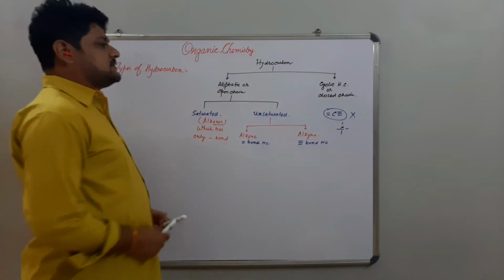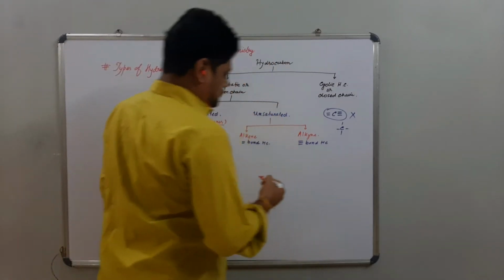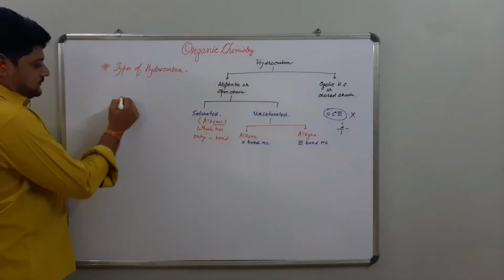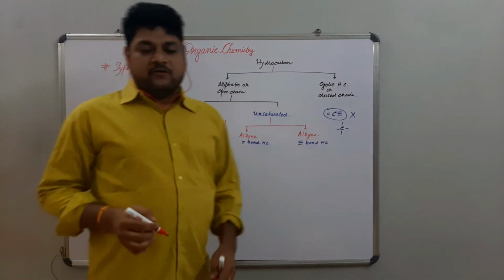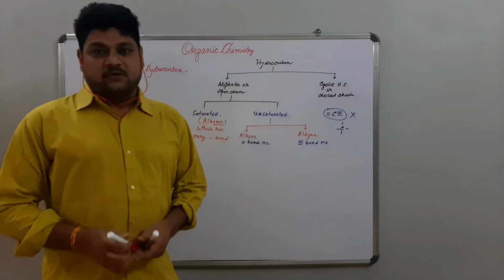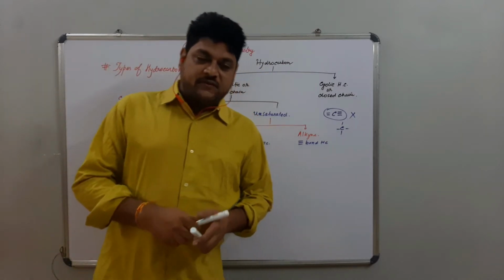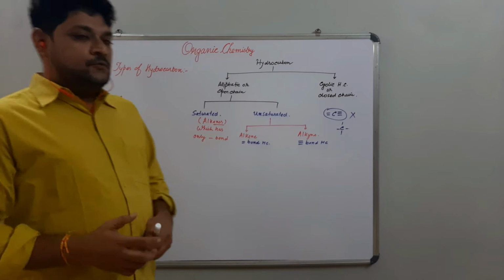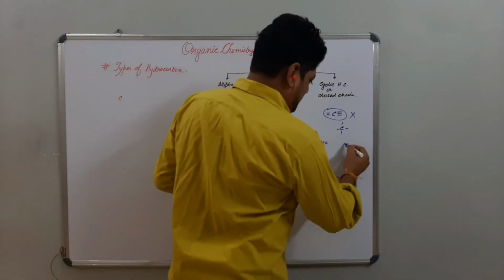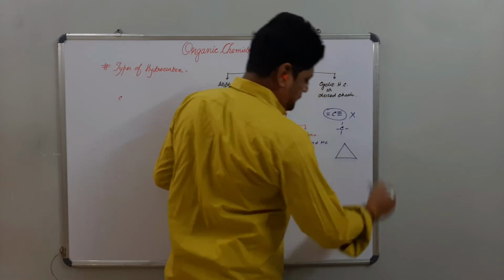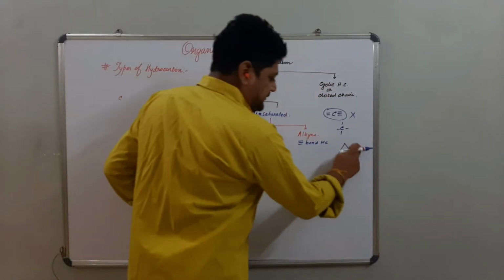Now what is the cyclic or closed chain? If we consider closed chain hydrocarbon, one thing you have to remember is that for a closed chain hydrocarbon we must need at least 3 carbons, because we know that if you want to cover an area, then we need at least 3 straight lines.